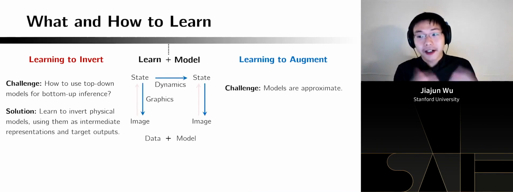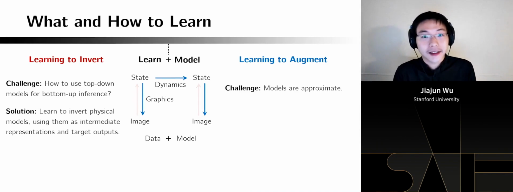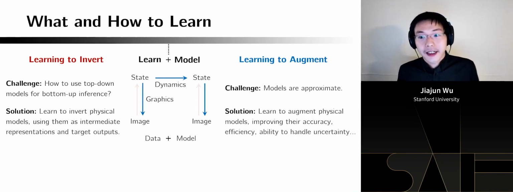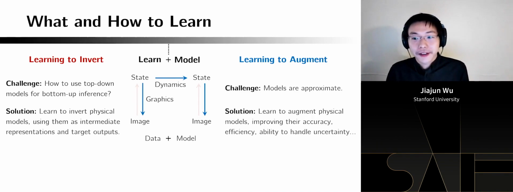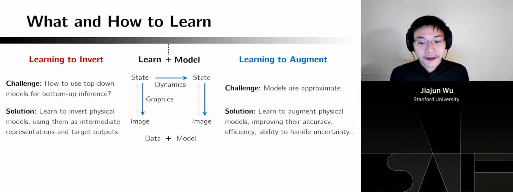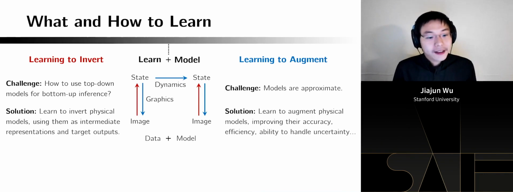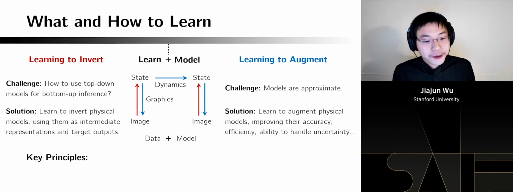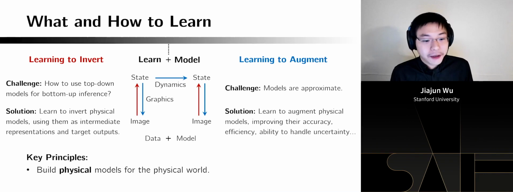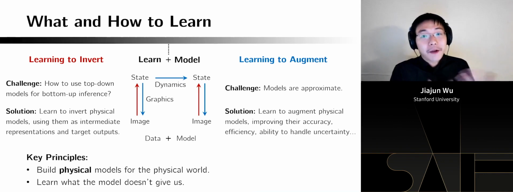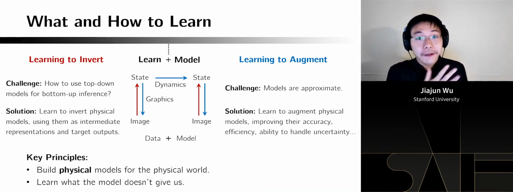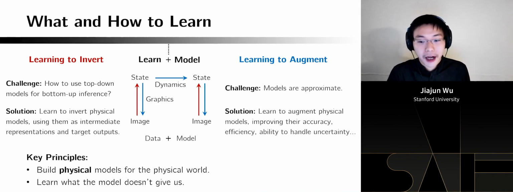As we said, models are only approximate, not capturing the details in the world, and maybe too deterministic. So can we use learning to augment them to make them more accurate, more efficient, and able to handle uncertainties? Putting them together, the key principle behind my research is to build physical models for the physical world, to think about what the model doesn't give us, and to see if we can use learning to help us solve the problem.